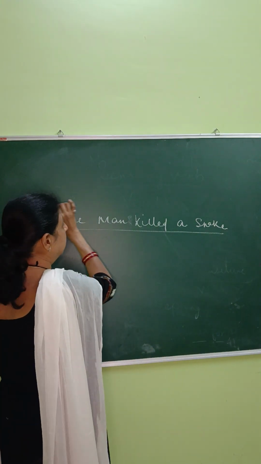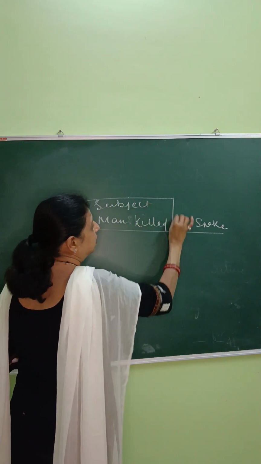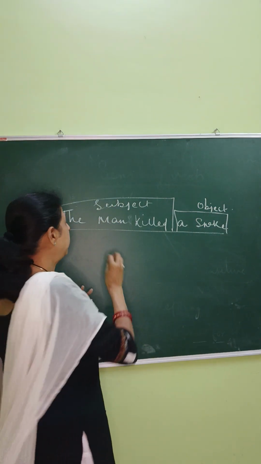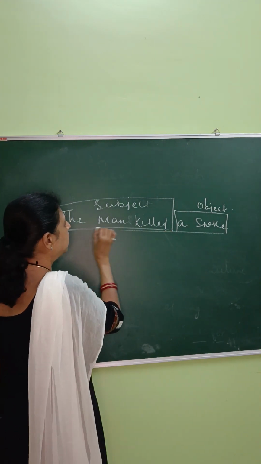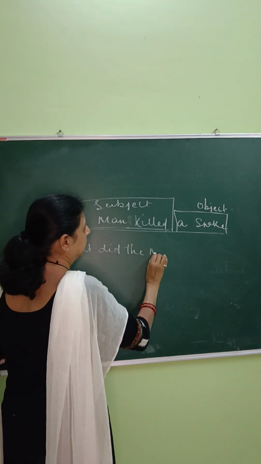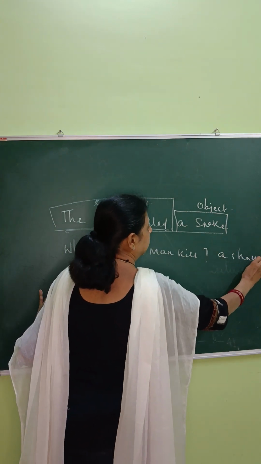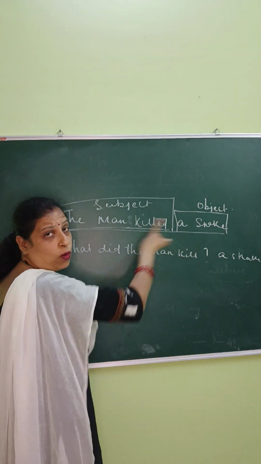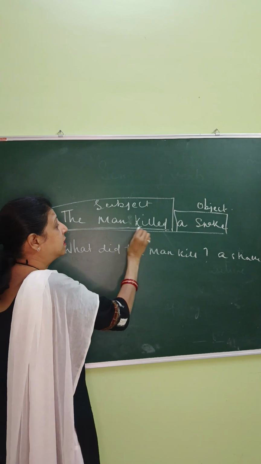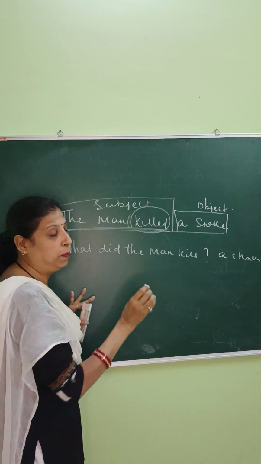Because the man becomes the subject and a snake becomes the object. Now, what did the man kill? A snake. The man killed a snake. Children, remember that killed is a verb.